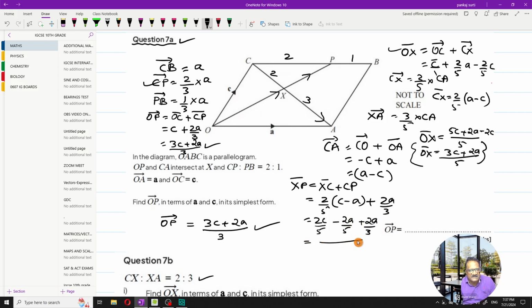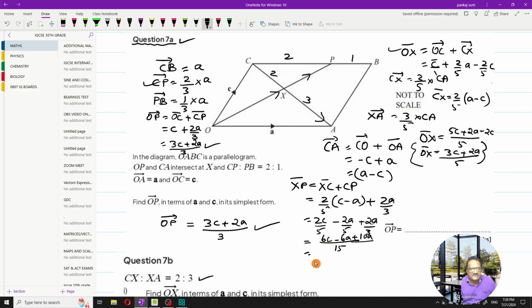This will work out to 5, 5 and 3. The LCM is 15. 5 3s are 15, 3 2s are 6C. Then minus 5 3s are 15, so 3 into minus 2 will be minus 6A. And 3 into 5 is 15 and 5 into 2 is 10, so plus 10A. So you get the answer as 6C minus 6A plus 10A.